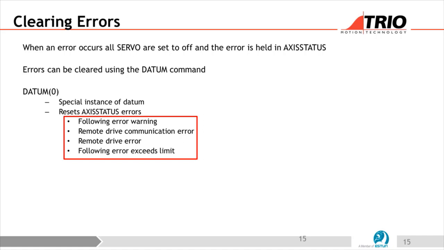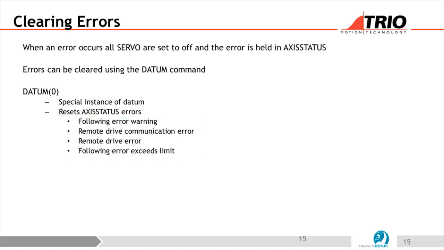Other than that, the datum command is what it says. You've used it for homing, but datum 0 is just a special case. There's no homing at all. Do you know the command if you want to zero an axis, to actually set it to 0?